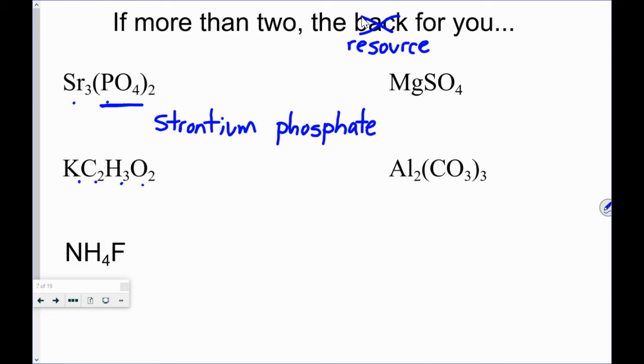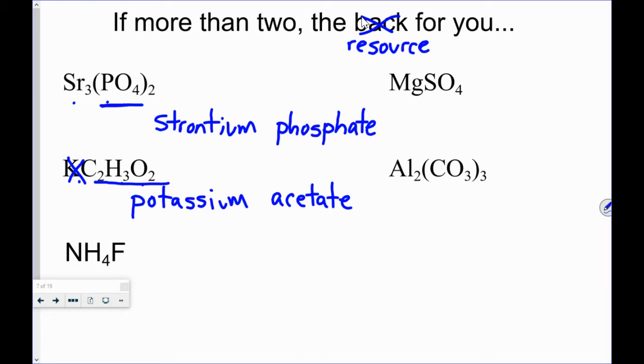If I do the next one, K, that is potassium. All right, I named that. Now I find all of that on your resource sheet. So C2H3O2 is called acetate. Notice as we've been naming these, there's pretty much a first name and a last name.